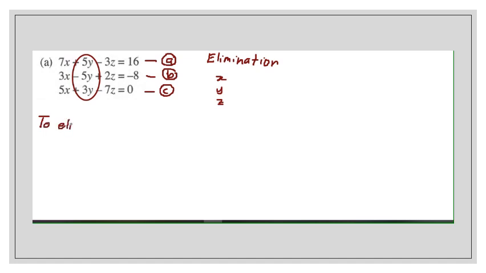To eliminate y, we use 2 pairs of equations.